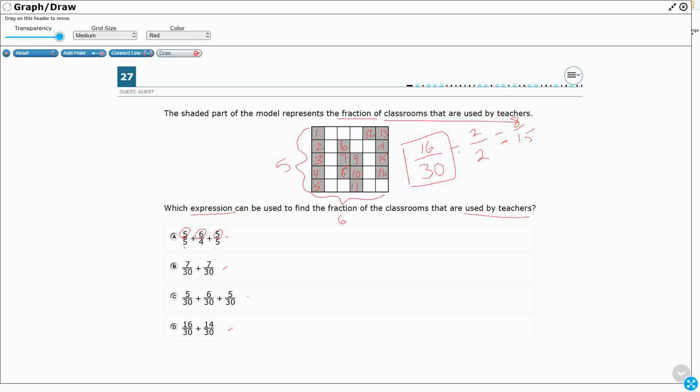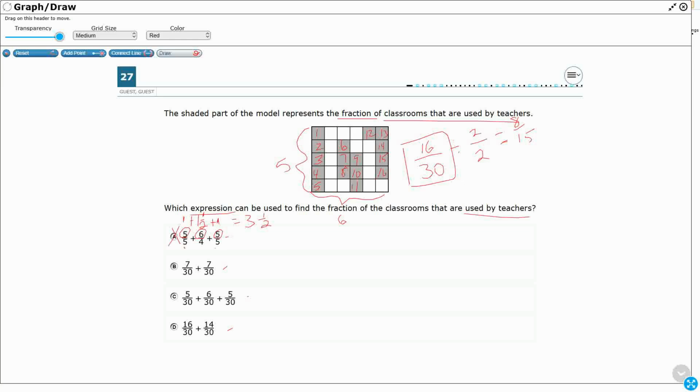And honestly, if you look at 5/5, that's one whole. If you look at 6/4, that's greater than one whole. That's like 1 2/4, that's 1.5. So if you add up one whole, 1.5, and 1, you're going to get 3.5. No, this is not even a full 30 squares shaded in, so that's not going to work.